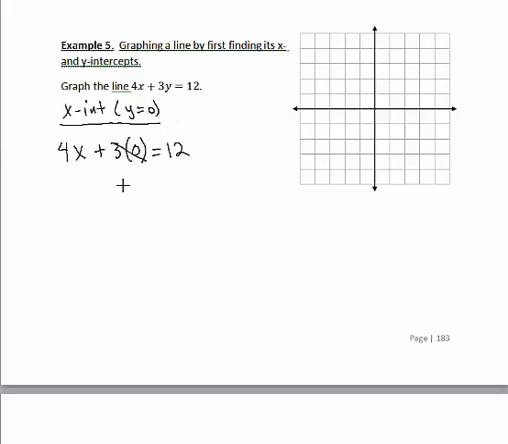The 0 knocks out the 3. We're left with 4x equals 12. We divide by 4, and so x equals 3. This is our x-intercept, so we can just go to the x-axis, count over 1, 2, 3 to the right for a positive 3, and place our point.